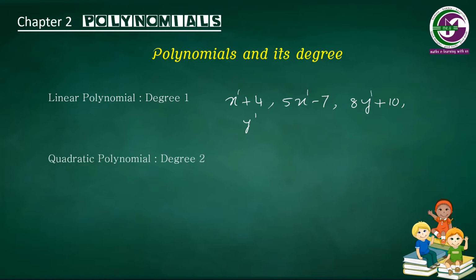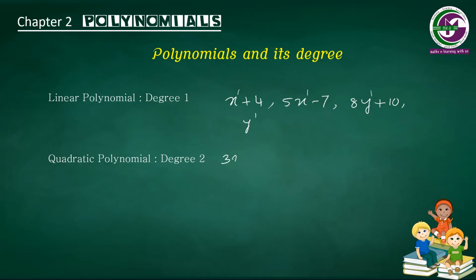Now quadratic polynomial. When the degree is 2, then the polynomials are called quadratic polynomials. A quadratic polynomial must contain a second degree term. The first degree terms or constant terms are not mandatory, but the second degree term is compulsory.